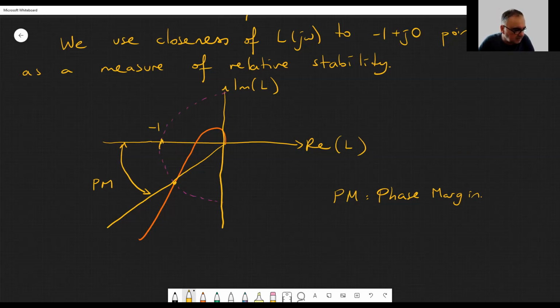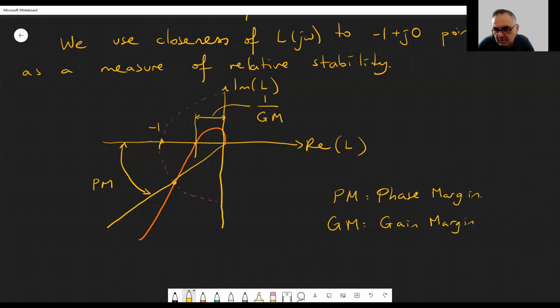Secondly, this distance now, when you cross the real axis, this distance is defined as 1 over the gain margin. And GM is called the gain margin of your system.